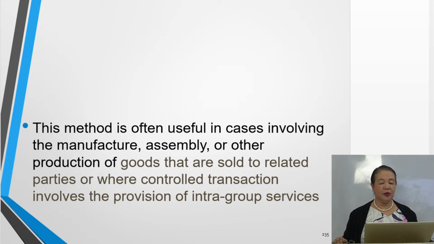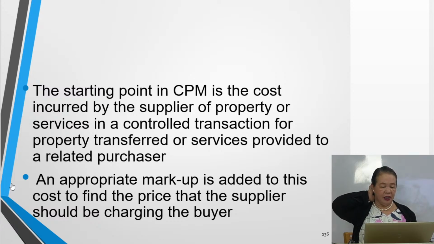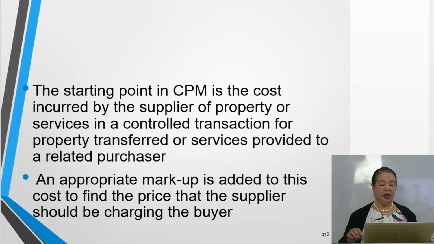Okay, so the starting point of the cost plus method is the cost incurred by the supplier of property or services in a controlled transaction for property transferred or services provided to a related purchaser. An appropriate markup is added to this cost to find the price that the supplier should be charging the buyer.